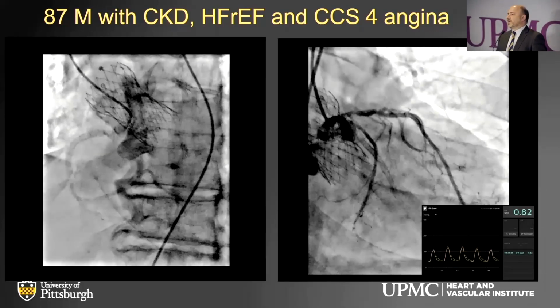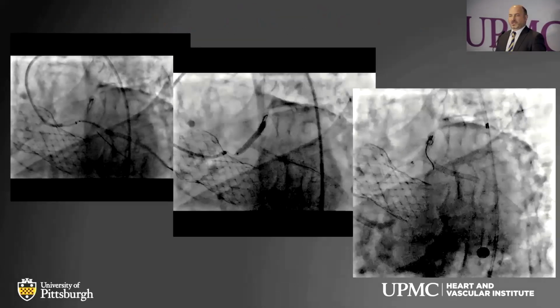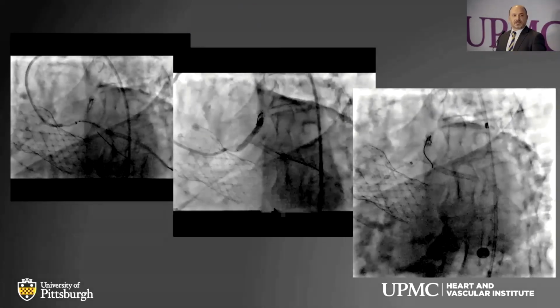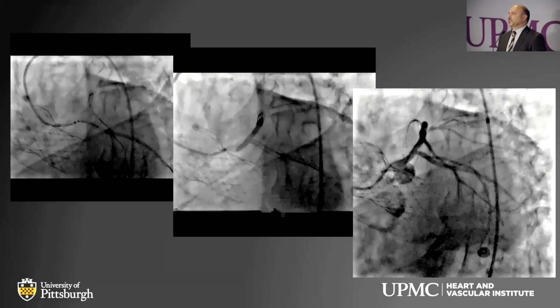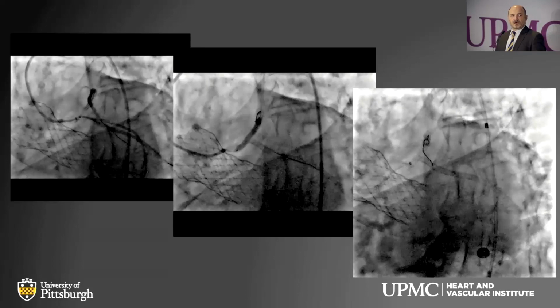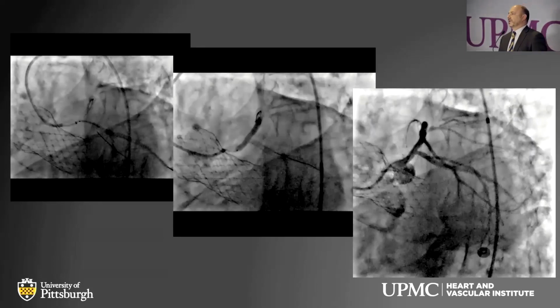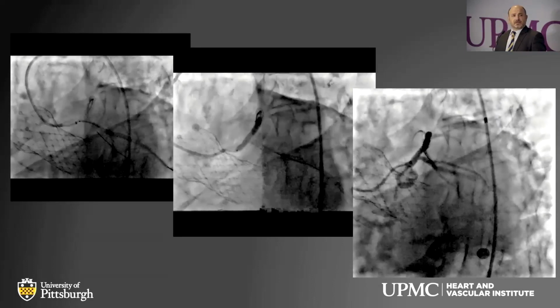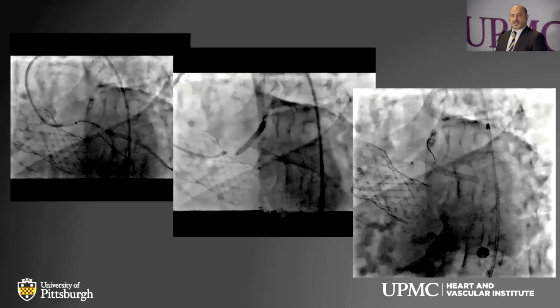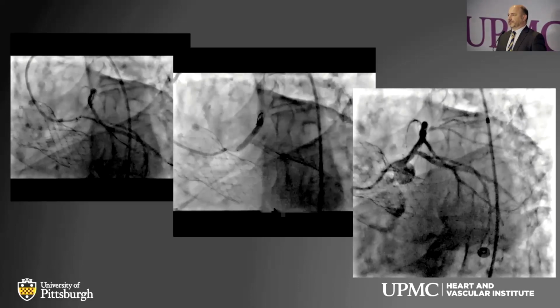So the LAD was the culprit, and we ended up fixing this through the Evolute frame. As you can see, the guide is sitting way outside. You appreciate in that middle panel how angulated you are relative to the ostium of the left main. So we're not close, we're working remotely here. And with the aid of guide extensions, we can still get a very nice result.